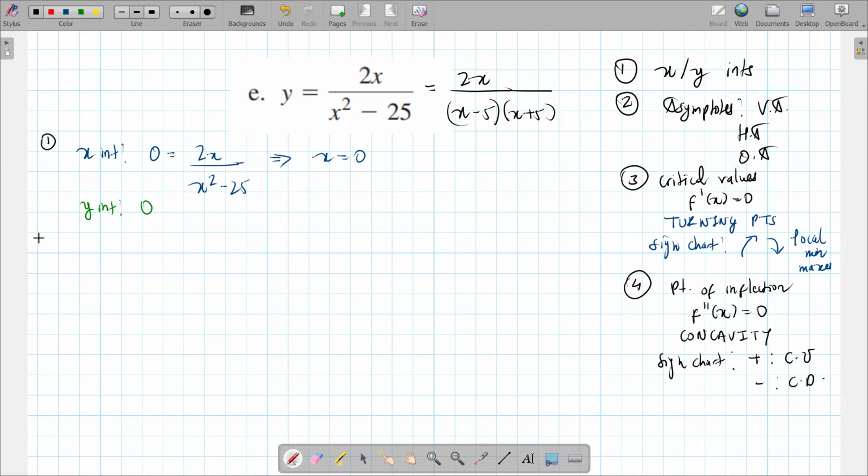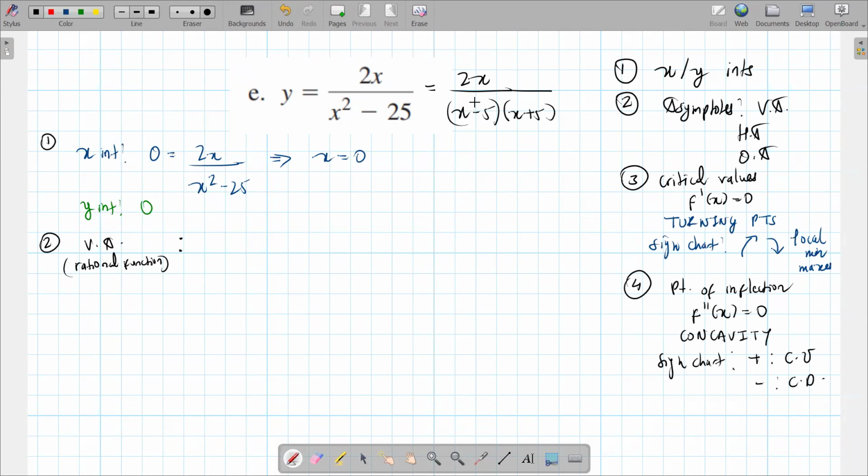Next, let's work on the asymptotes. Does this have vertical asymptotes? So vertical asymptotes is for rational functions, such as this one. Something with a denominator. So to find the vertical asymptote, you first factor it, okay?